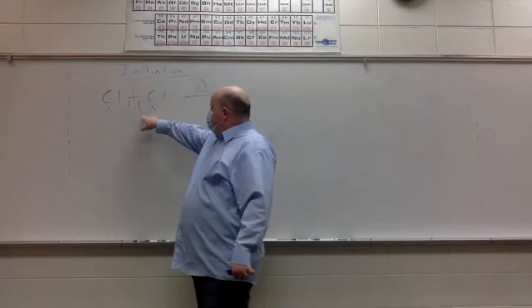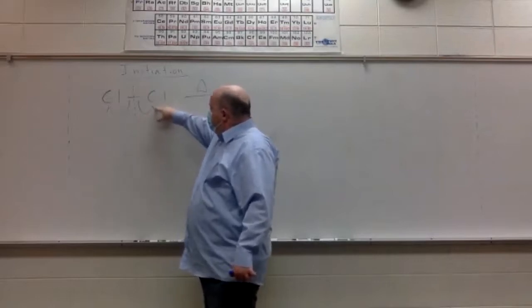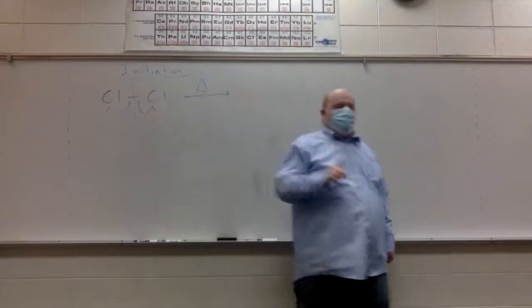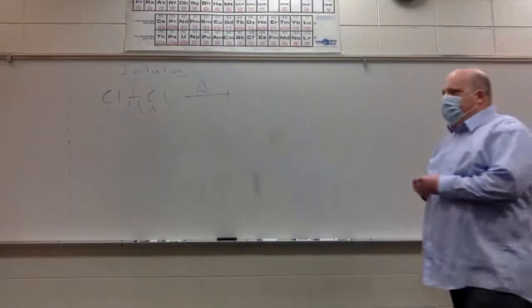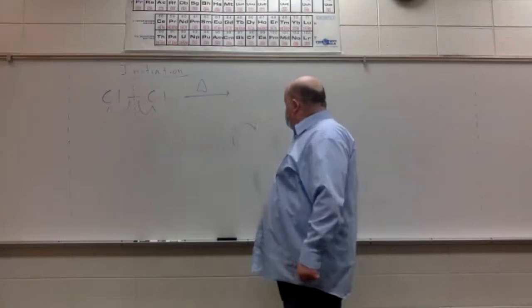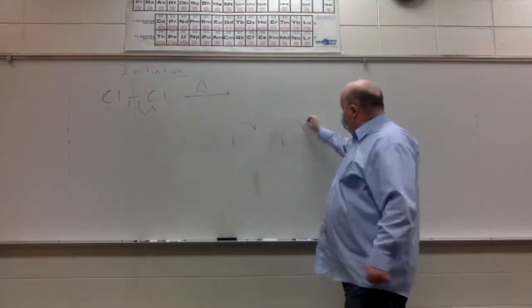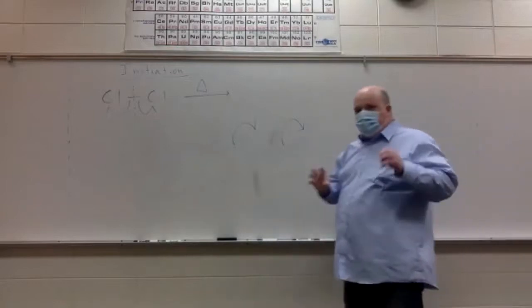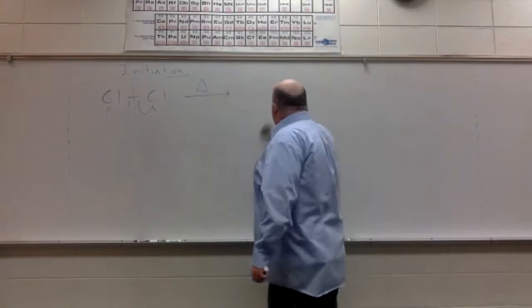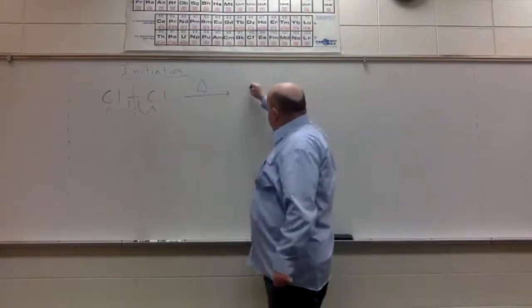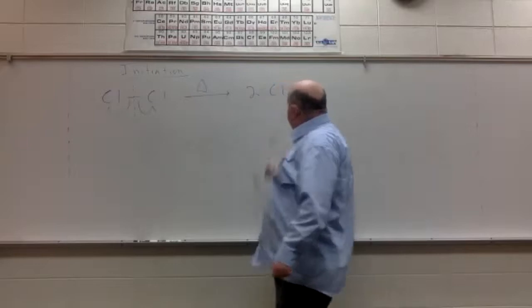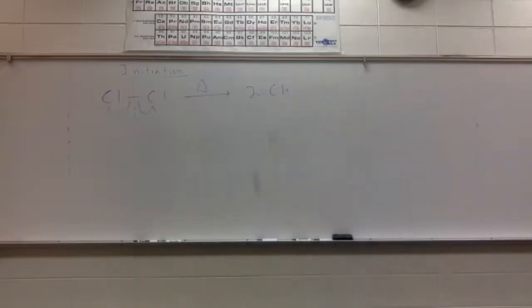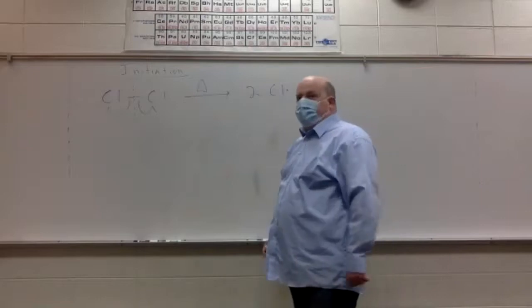Take note that I'm using these fishhook arrows with one little line on the head. That one little line coming off the head means one electron movement. If I wanted to draw two electron movement, it would be a double-headed arrow. Make sure that you know the difference. And when all is said and done from that step, you end up with two Cl radicals.